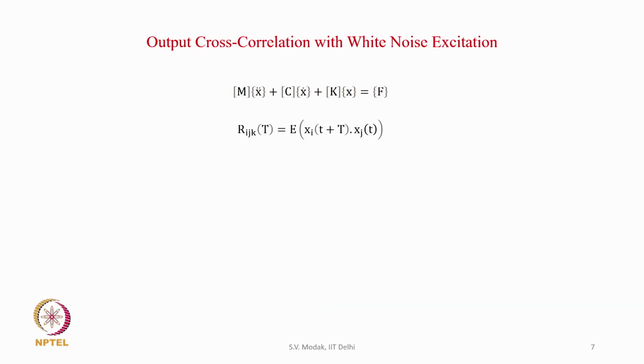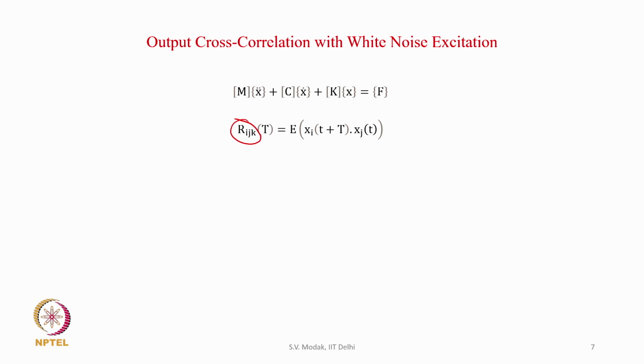So, the cross correlation between the ith and jth coordinate due to white noise excitation at the kth coordinate. You can see this is the cross correlation Rijk, which represents the cross correlation between the response at the ith and jth coordinate due to excitation at the kth coordinate, and it is equal to the expected value of the product of xi(t+T) into xj(t). Here xj(t) is the response at the jth coordinate and xi is the response at the ith coordinate.